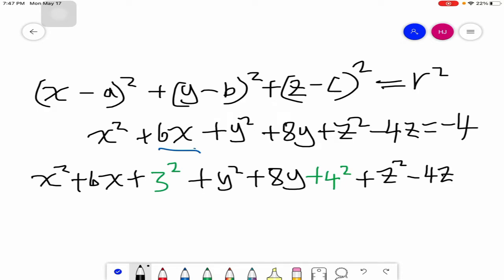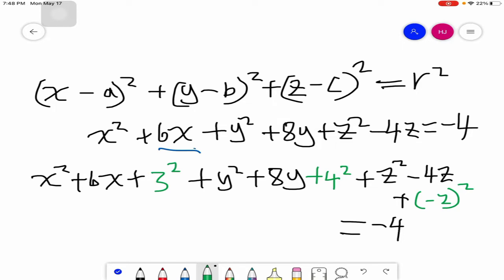And then z squared minus 4z, and that would be minus 2 for the other term, so minus 2 squared. And over on the other side, we had -4, but we also have to add all the green terms.